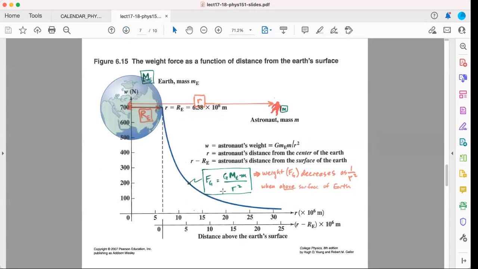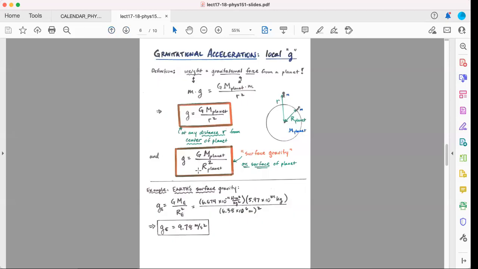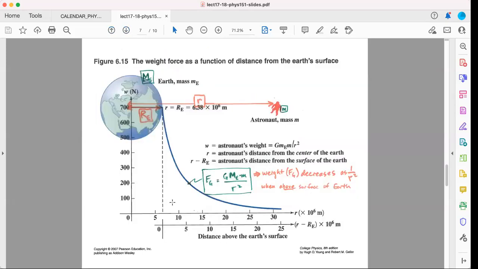And of course, you have seen that g changes: the mass stays the same, but g changes with the distance from the planet. The mass of our planet doesn't change, right? So you see that g takes different values depending on the distance above the Earth's surface.